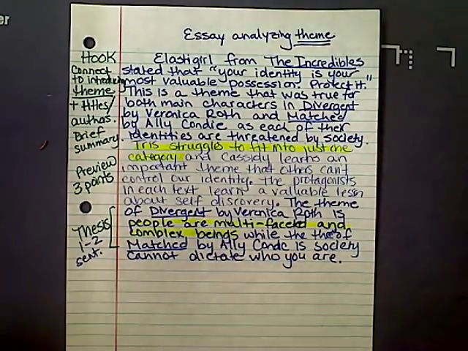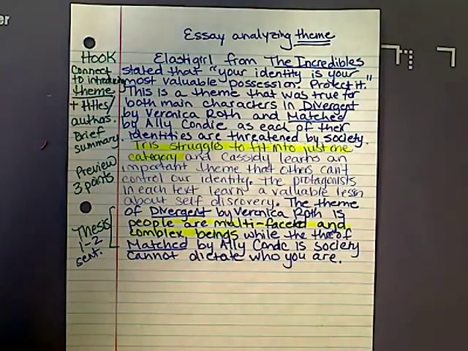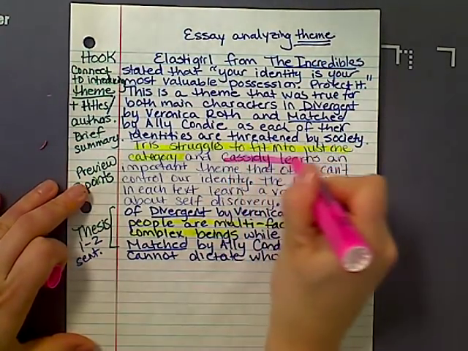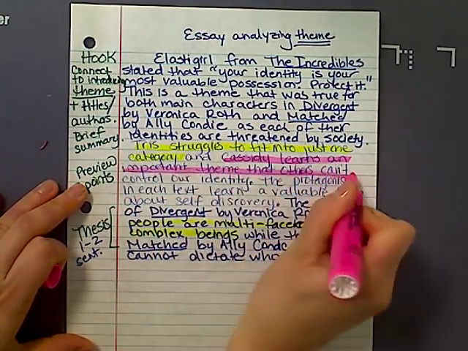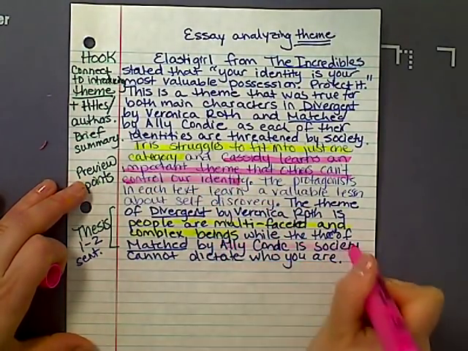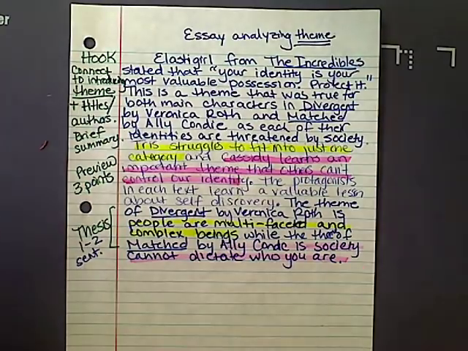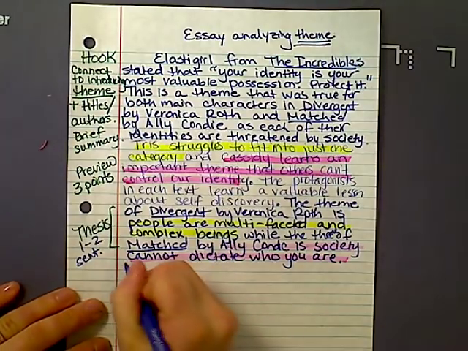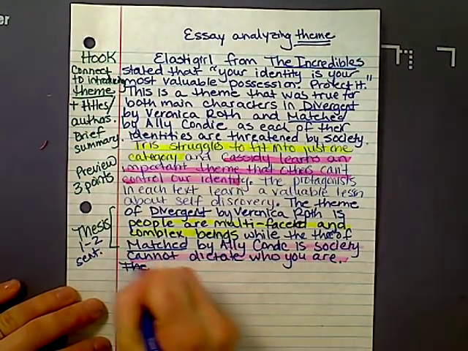Again, notice this is in order from when I previewed this point last time, when I said Cassidy learns an important theme that others can't control your identity. That's what I just said here. Society cannot dictate who you are. They're right in order. And then I'm going to give my last point. Let's mix it up.